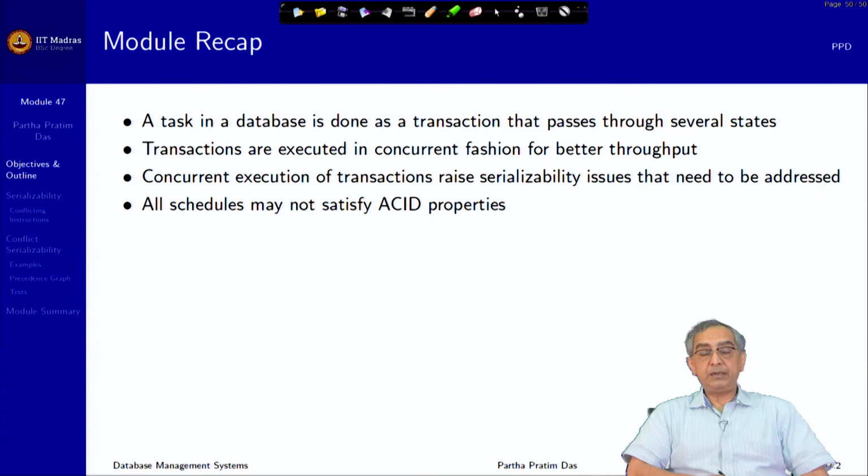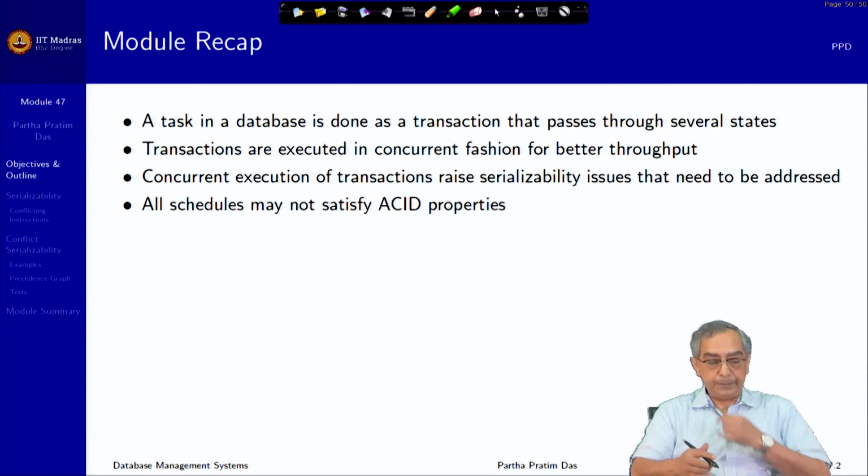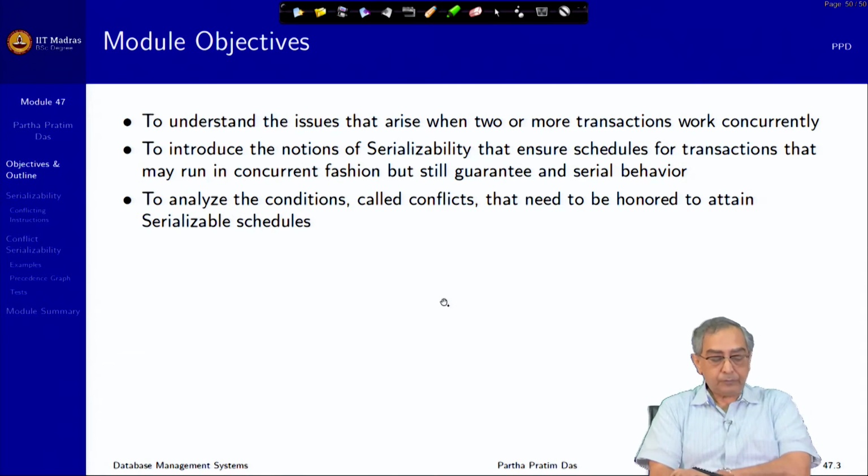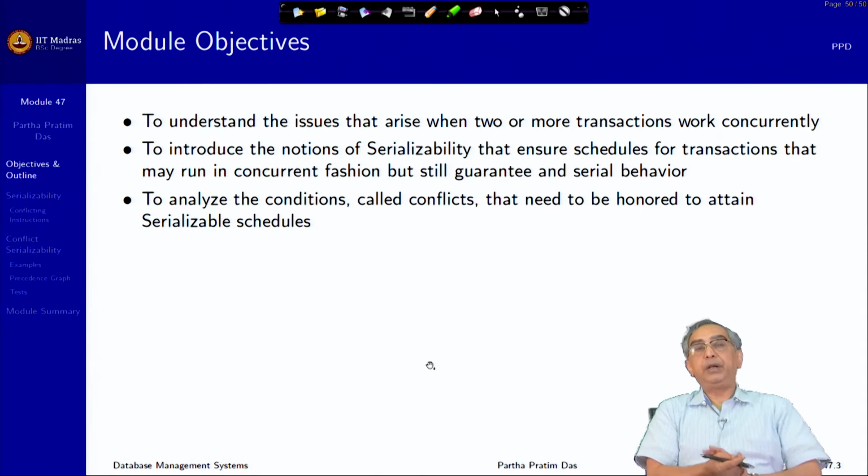Some are serializable, some are not serializable, and all schedules may not satisfy the basic ACID properties of transactions, that is atomicity, consistency, isolation and durability.